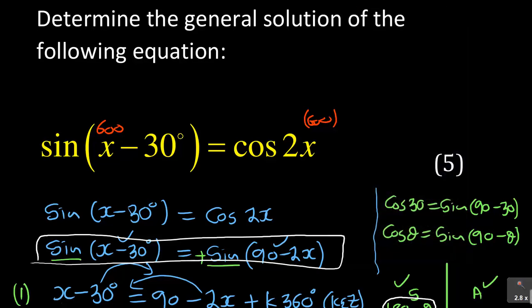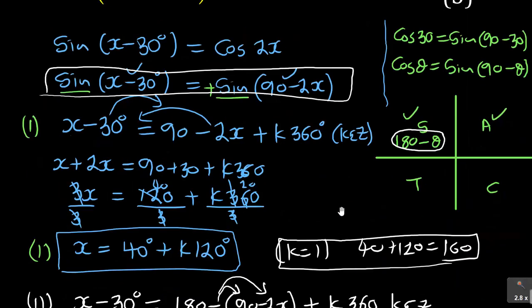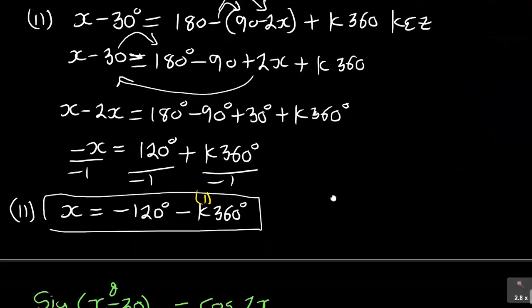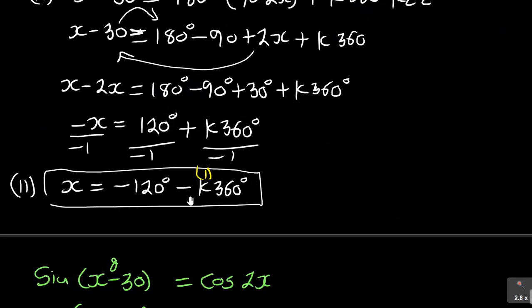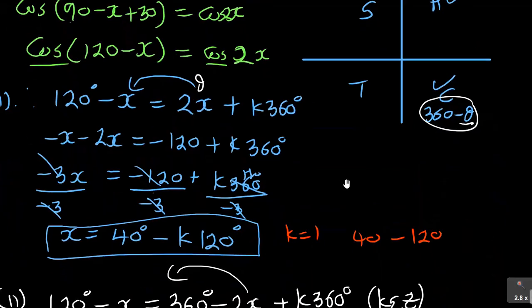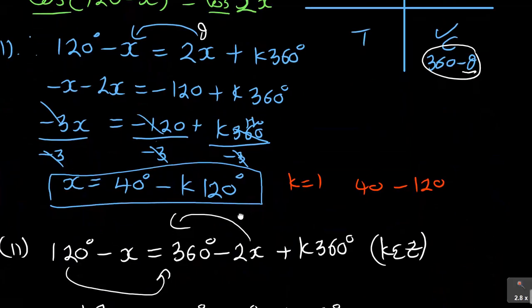So you can see that these general solutions appear as if they are different, but in actual fact they are the same. The way they are presented looks a little bit different, but actually they give the same answer altogether.